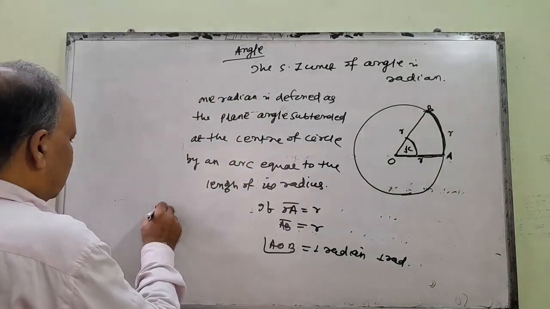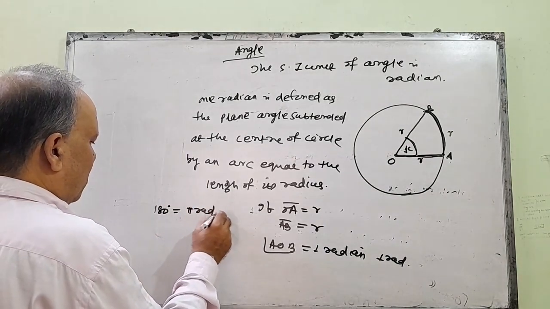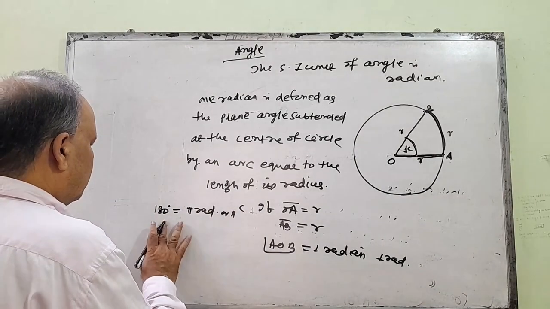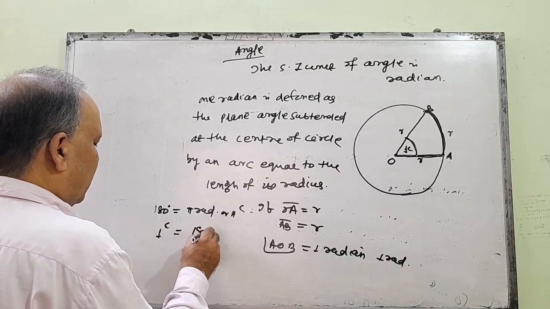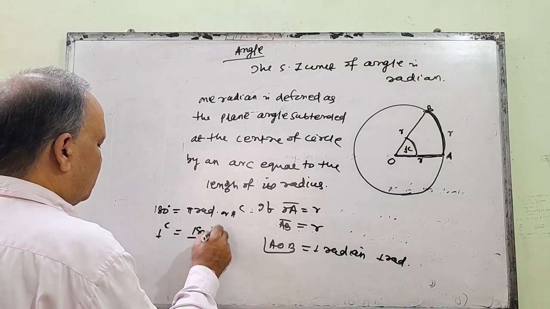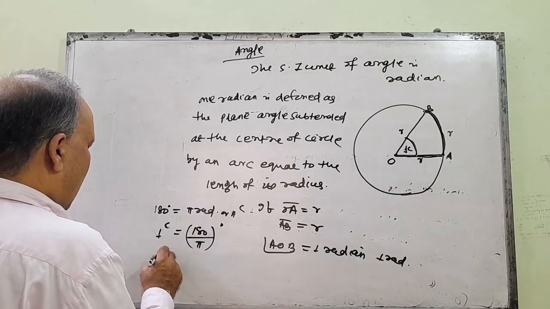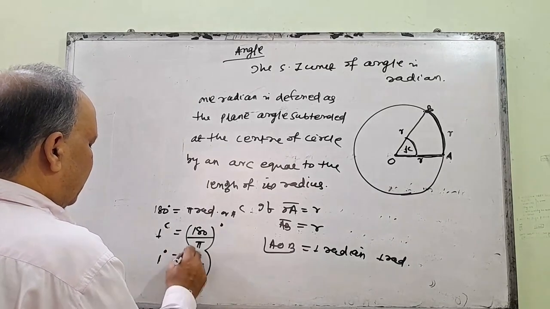You remember one thing, 180 degree is equal to pi radian, or we can say pi c, or 1 radian is equal to 180 by pi degree, or 1 degree is equal to pi by 180 radian.